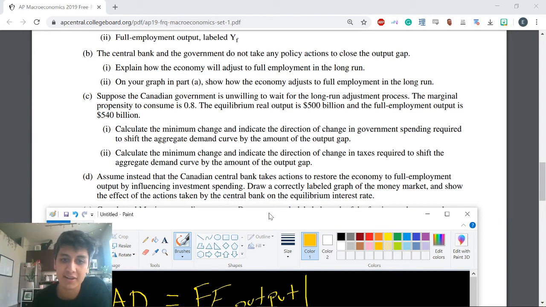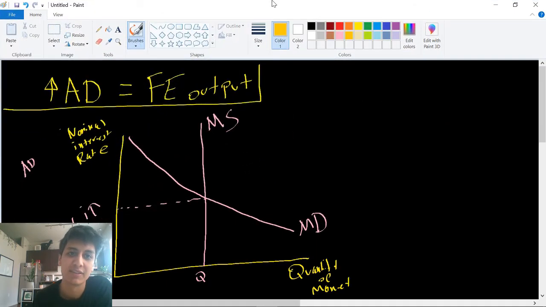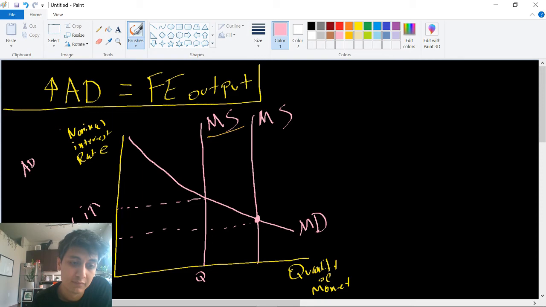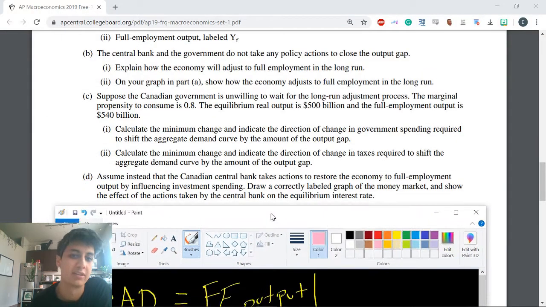So a very strong guess, just based off the central bank, is that they're the ones who are going to be controlling this money supply, right? So it's a very strong guess that this money supply is going to increase. But let's go on to confirm this guess.